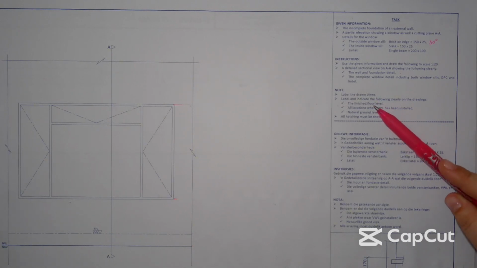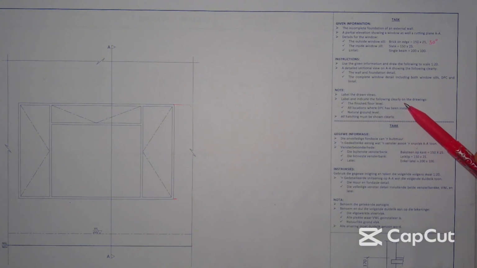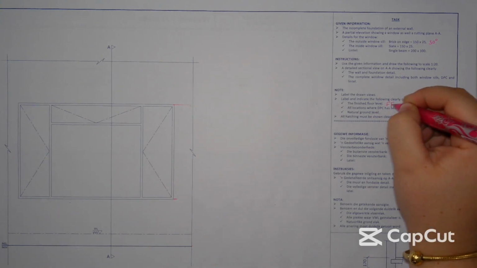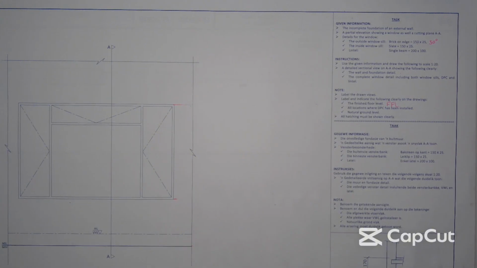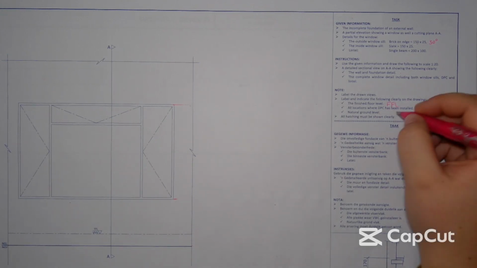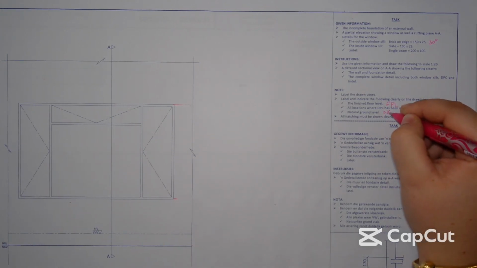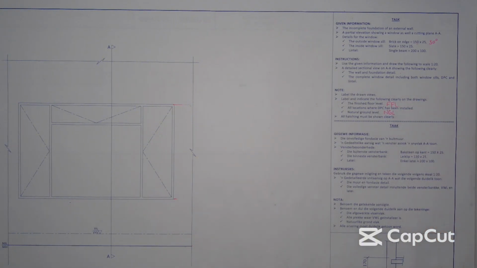Label the drawn views. Draw and indicate the following clearly on the drawing: the finished floor level. What's the abbreviation for the finished floor level? FFL. Then all locations where the DPC has been installed, and your natural ground level. What's the abbreviation for natural ground level? NGL. All hatching must be shown clearly.